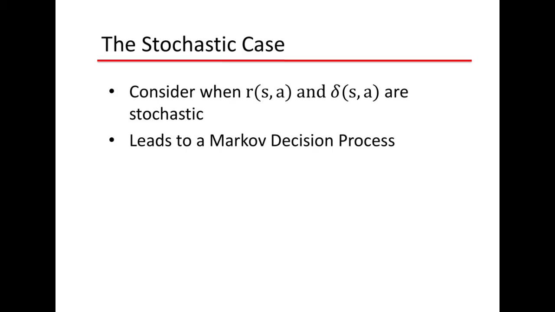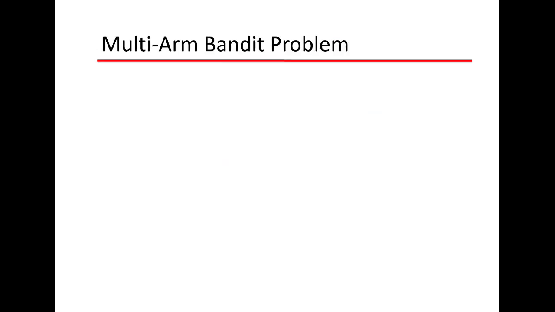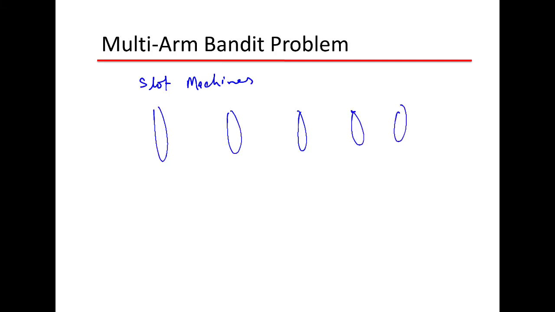And the other case that we discussed was the stochastic case, where the reward and the next state are all stochastic, and this leads to what is called a Markov decision process. The simplest example of this is a multi-arm bandit problem, where we have, let's say, slot machines, right? And different slot machines have different rewards, but the rewards are stochastic in nature.